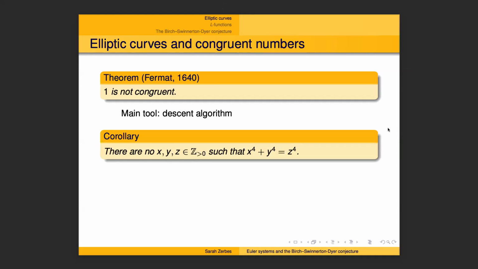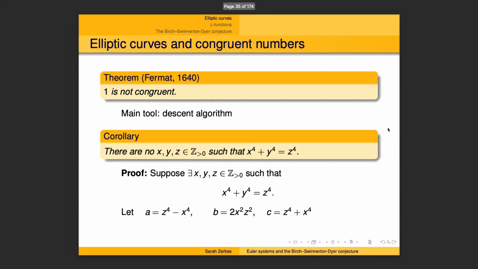And the argument is extremely simple. We argue by contradiction. So suppose there exist such positive integers x, y, and z. Then we define numbers a, b, and c in this way. And we check that they satisfy Pythagoras' equation and that the area is a square.